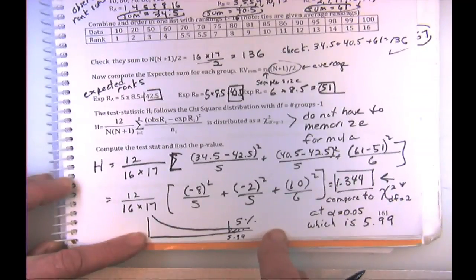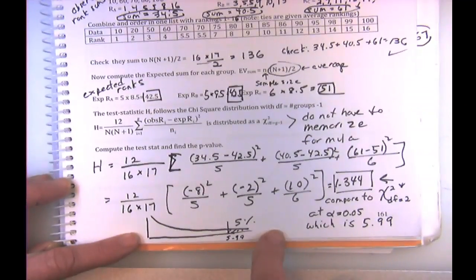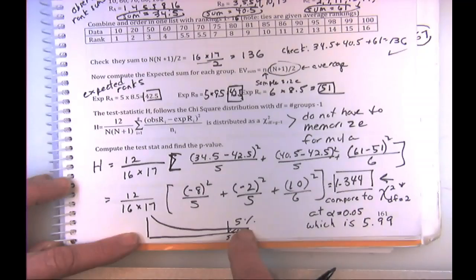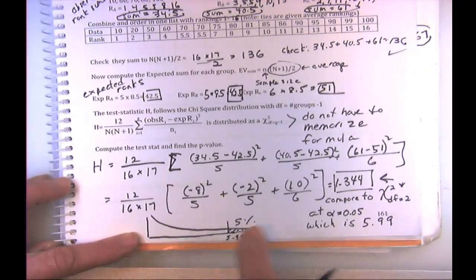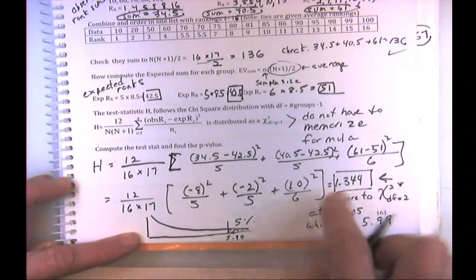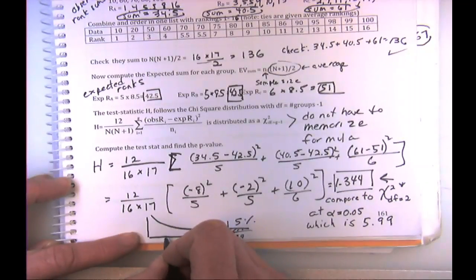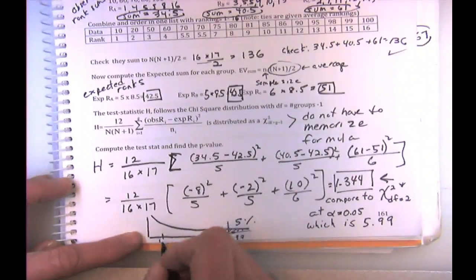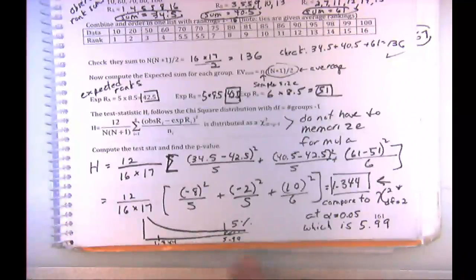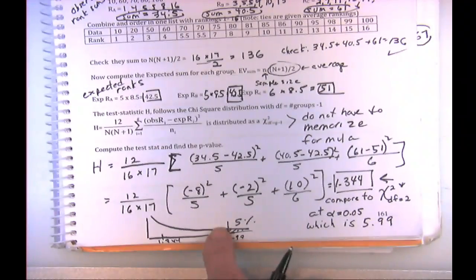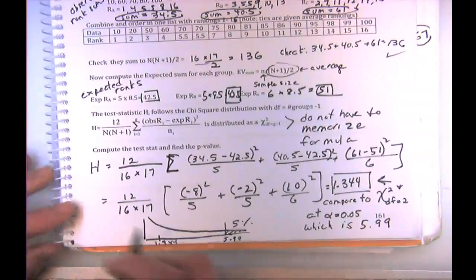The null is that all the groups are the same, and this is the likelihood that we would see this big a difference or more extreme just by the luck of the draw. And we got 1.3, we're way up here. This is our actual chi-square stat, so our p-value is huge. So we're not going to reject the null.